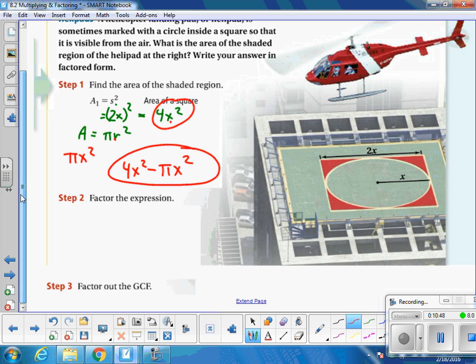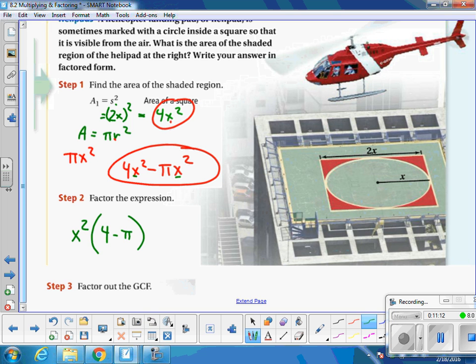Let's see if there's anything we can factor out of this. I can see there's not 4s. I can pull out, looks like I can pull out an x squared that's in both of these. There's my common term. So I have an x squared times 4 minus pi.